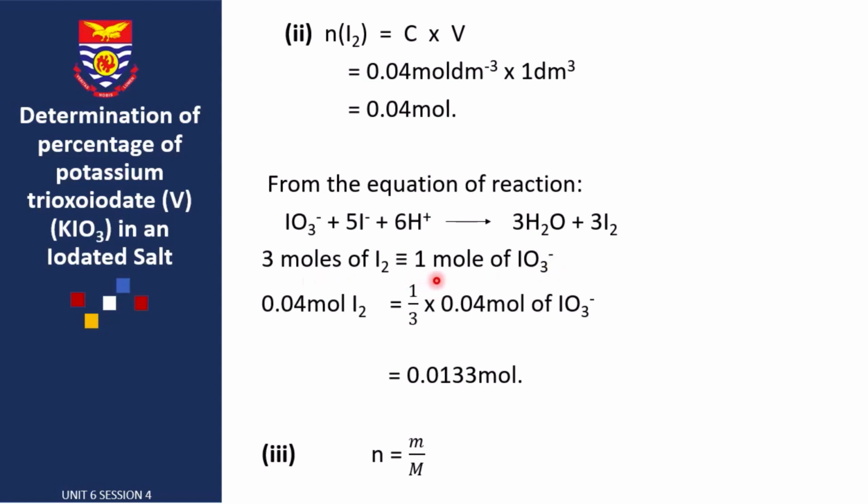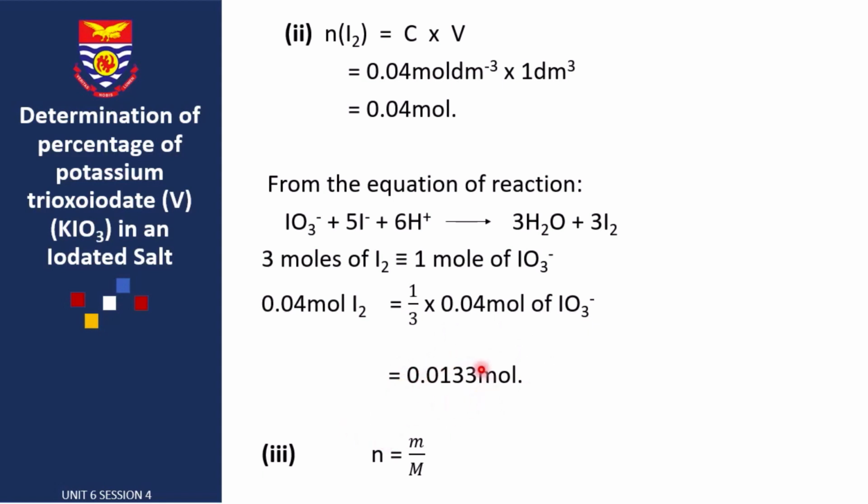So if 3 is equal to 1, then 0.04 is equal to what? It will be 1/3 times 0.04 moles of the iodate ion, and that gives us 0.0133 moles. So this is the number of moles of the iodate ion in the solution, that is solution A. Alright, so let's make progress.